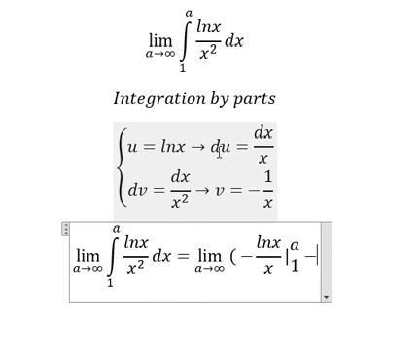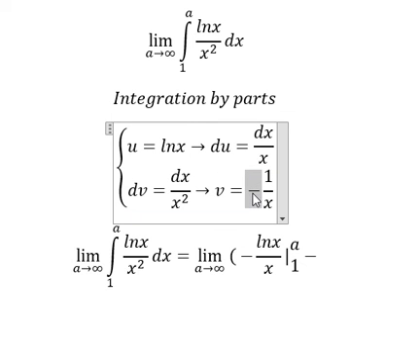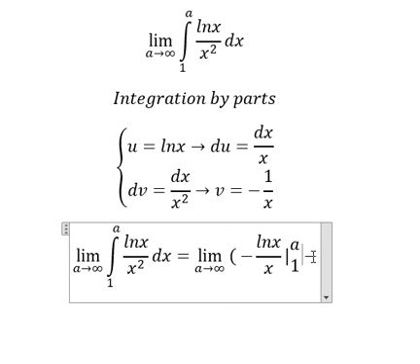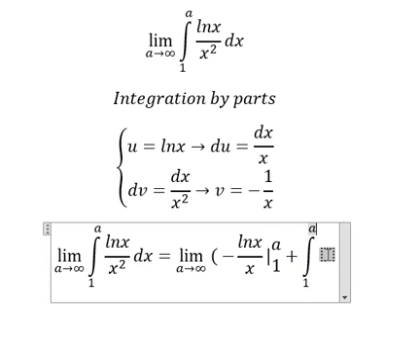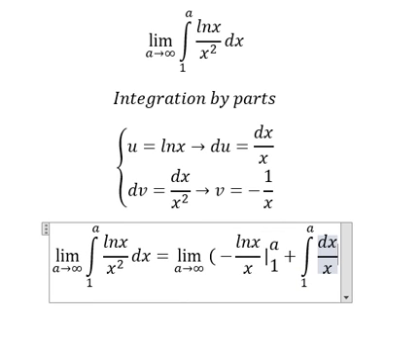Minus, we have u multiplied by v. We have another negative in here, negative with negative, we have positive. And now we have the integration from number 1 to a, and we have 1 over s squared.